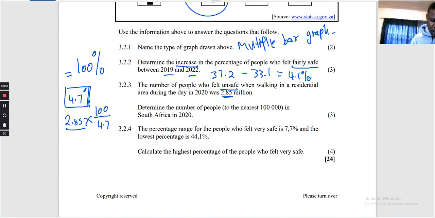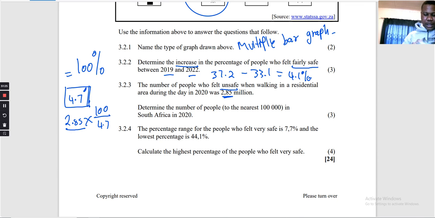let me see, it gives me a comma. Okay, let me write it in full. 2,850,000. Multiply by 100 over 4.7. It's going to give me these decimals.